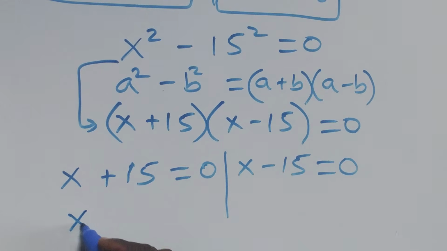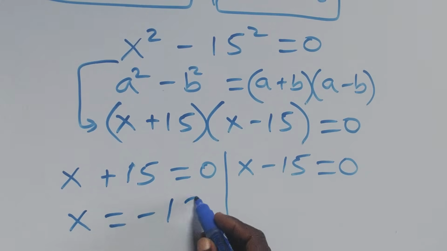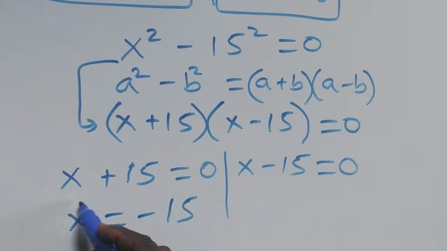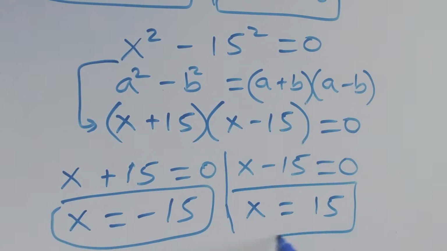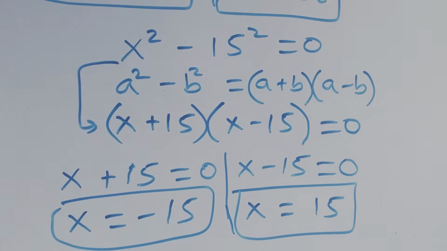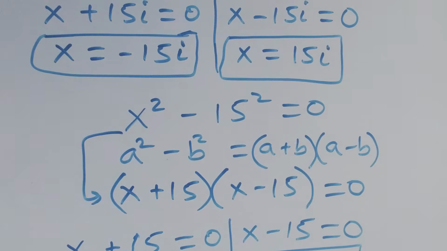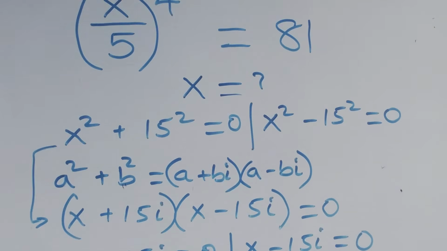And here, x equals minus 15, which is a real solution, and x equals 15, which is also a real solution. That is, we have two real solutions as well, making four solutions together, two real and two complex. And we can write it out here.